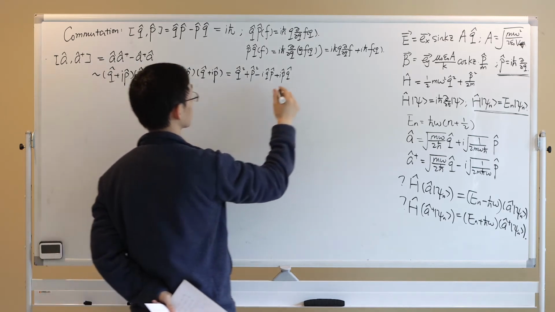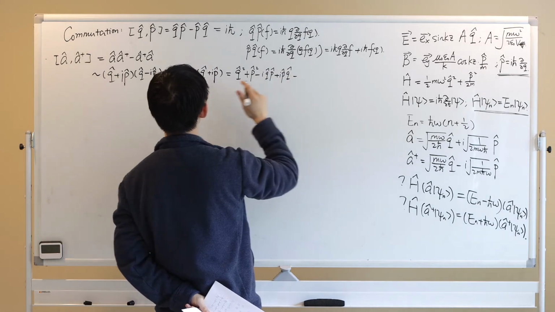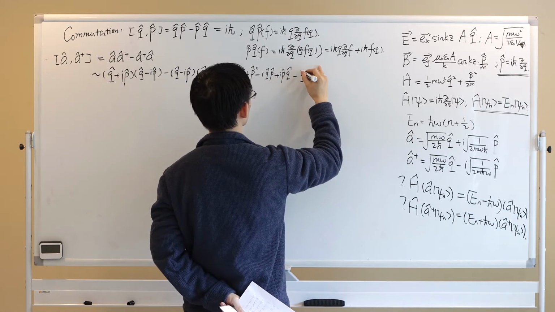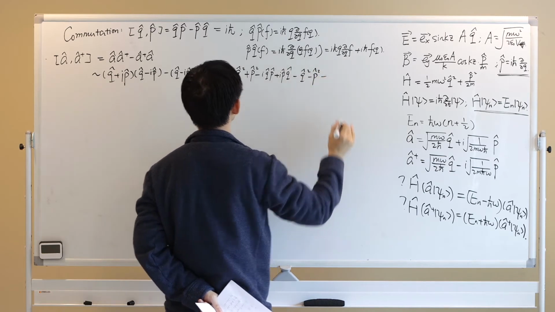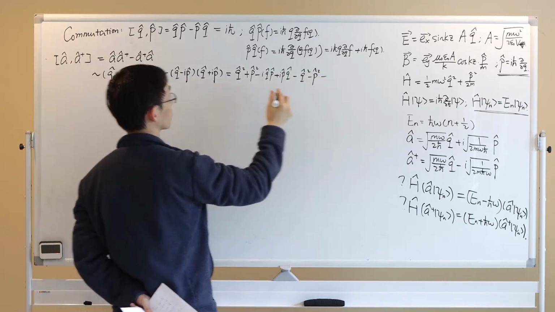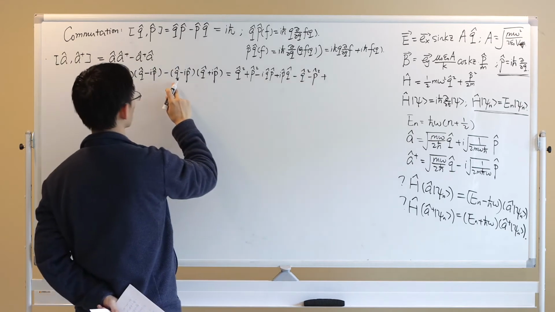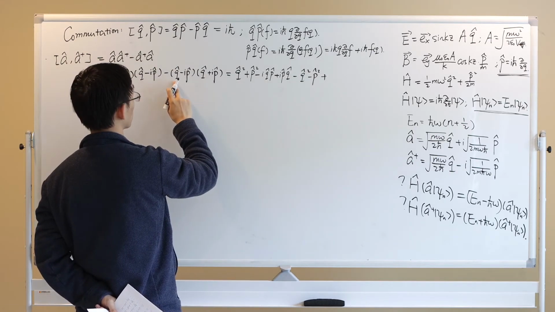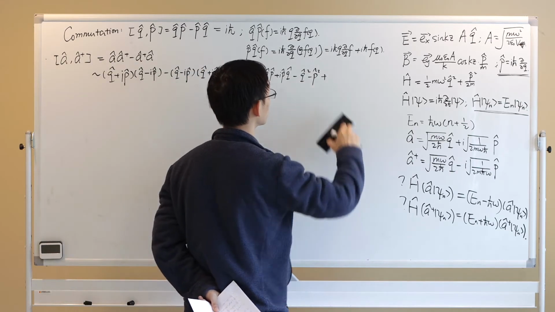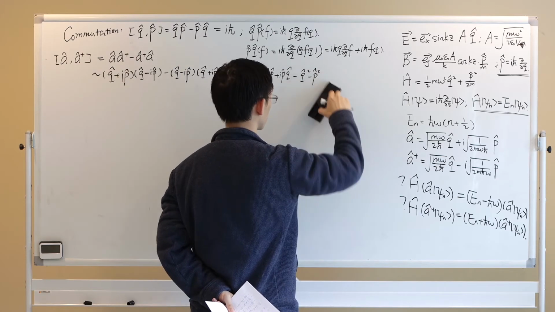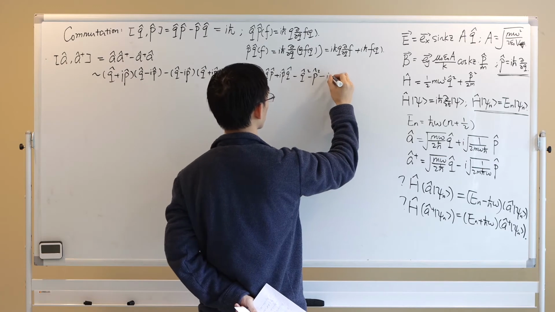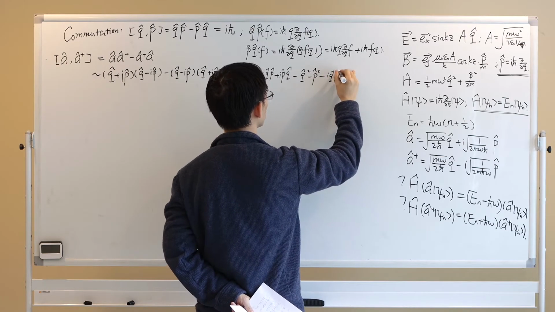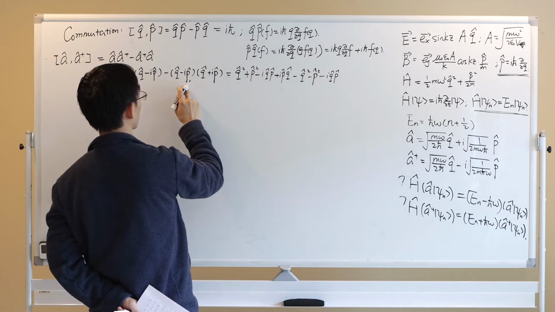And then minus Q squared minus P squared, minus, well, here's plus, minus i QP, and then plus i PQ.